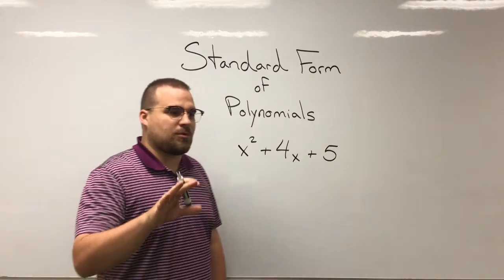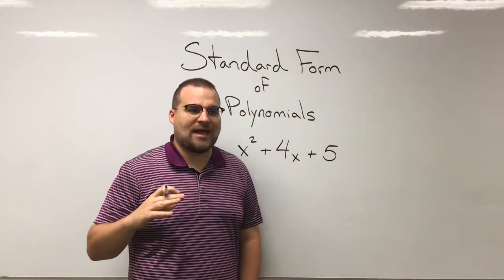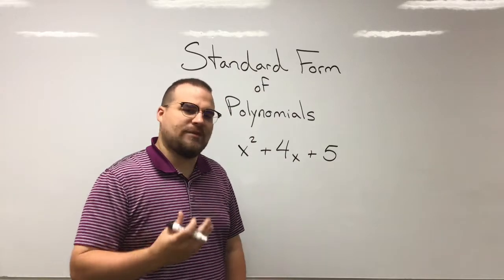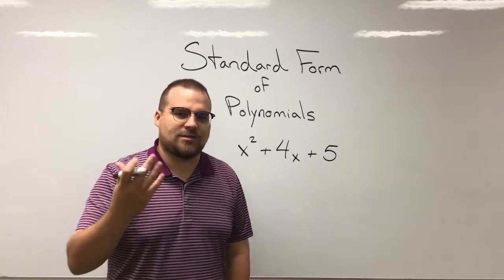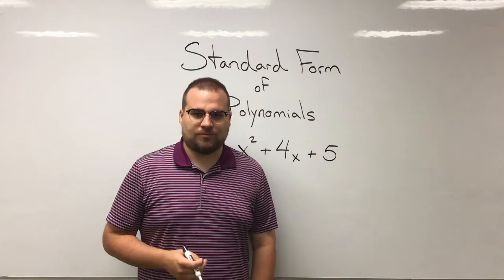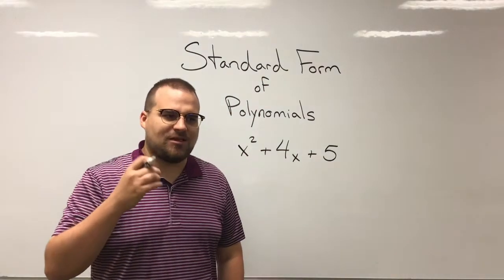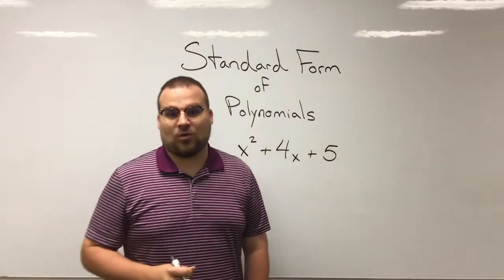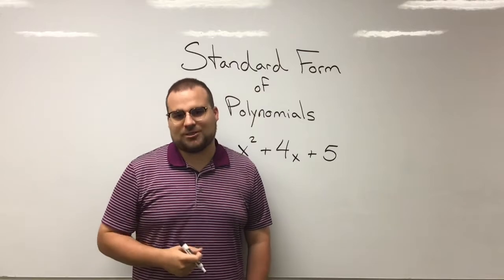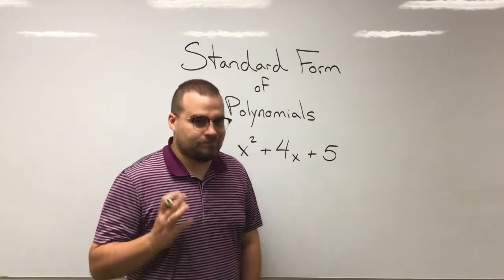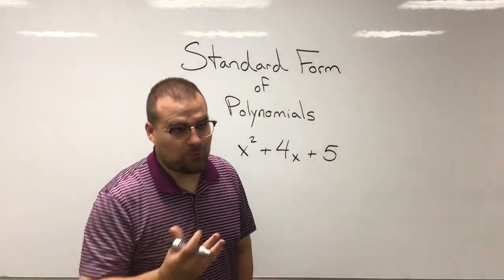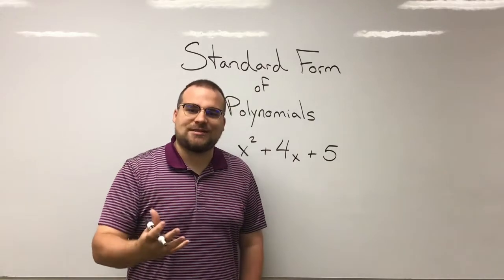Now, most of us probably think of standard form as a kind of commonly accepted way to write an equation or expression. You know, we kind of think about slope-intercept form, something like that, y equals mx plus b. Now, that's not technically standard form for slope, but that's the idea behind it.